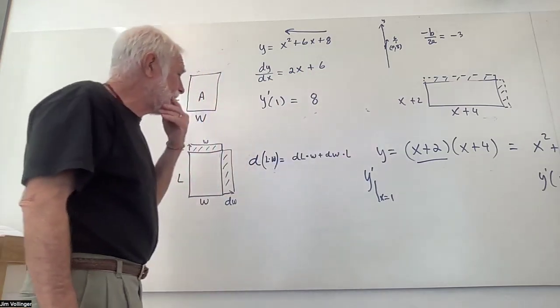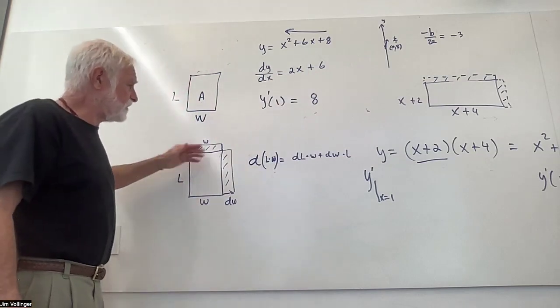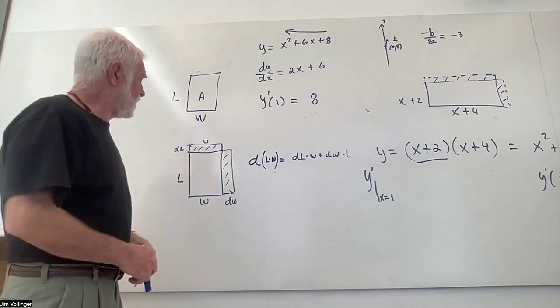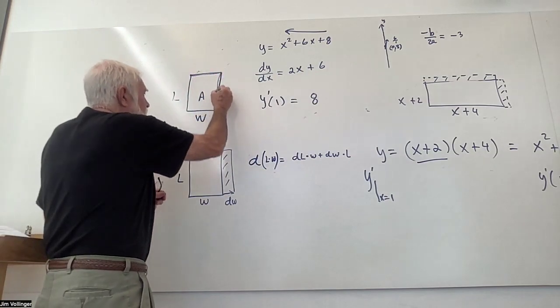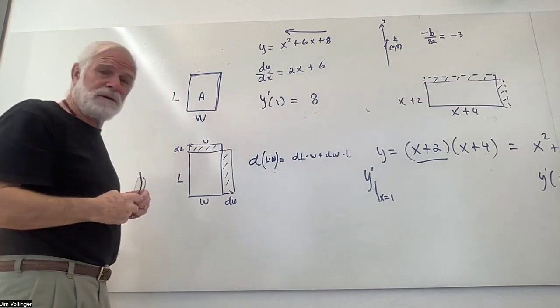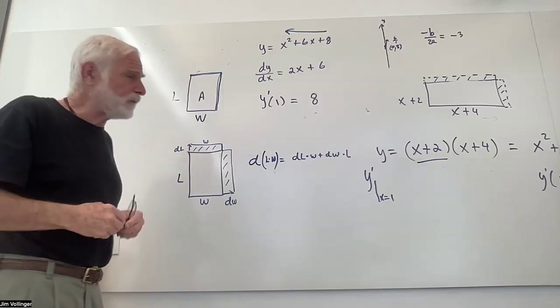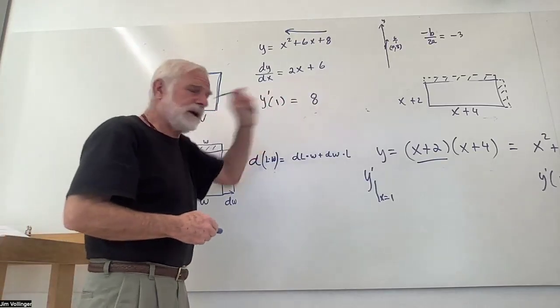If we look at differentials, this gives us a sense of them. The differential of length times width is the layering process of new area, making a slightly bigger rectangle, subtracting the two areas, and dividing by the change in the dimension, which gives us a feel for rates of change. So at 1, 2 times 1 plus 6, we get 8.